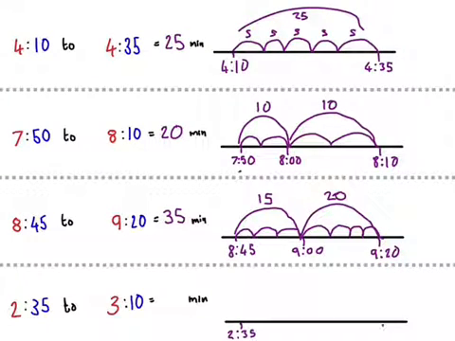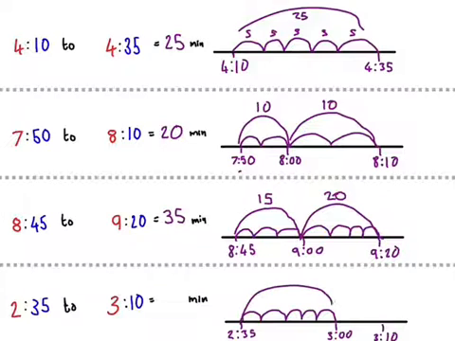2:35 to 3:10. Okay. Now the hour in between 2:35 and 3:10 is 3 o'clock, because it's later than 2 o'clock but earlier than 3:10. 3 o'clock. Right, to get from 2:35 to 3, 2:35, 40, 45, 50, 55, 60.